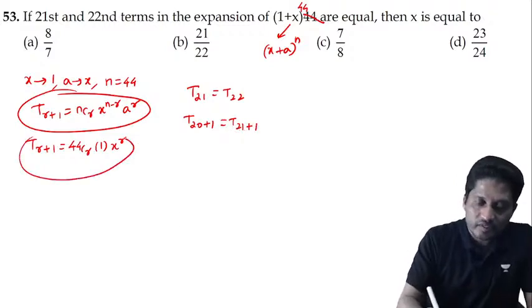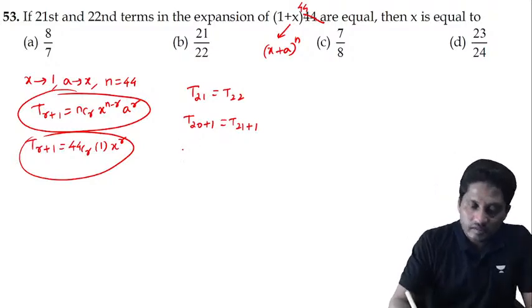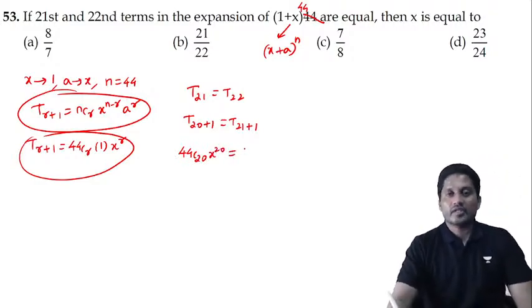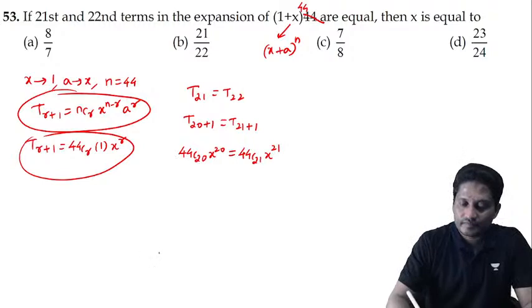T(20 plus 1) will be equal to 44C20 x to the power of 20. And T(21 plus 1) will be equal to 44C21 x to the power of 21.